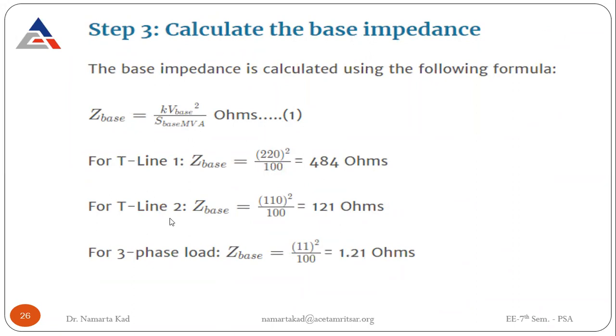For transmission line 2, Z base comes out to be 110 square divided by 100, which is 121 ohms. For the three phase load, Z base is equal to 11 square divided by 100. 100 is the MVA, and 11 is the base value chosen for the three phase load.